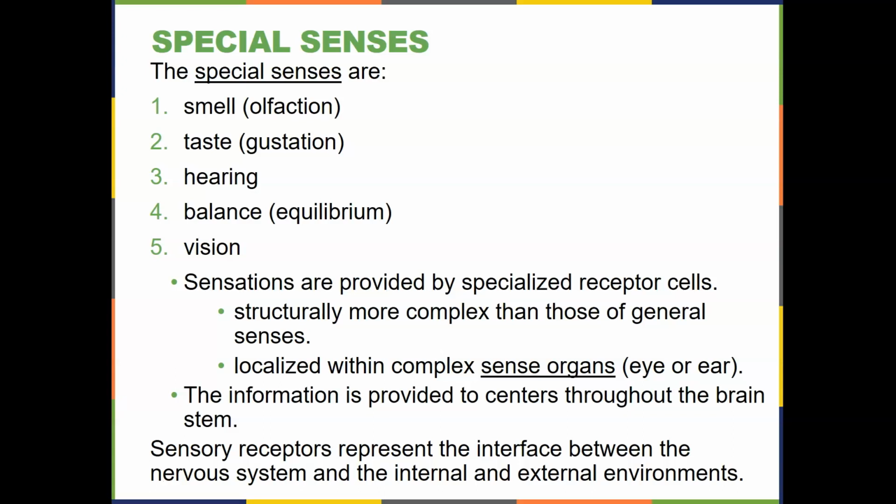They also give us an idea about what's happening in terms of daytime and nighttime, so that we can pursue activities, or we can go to sleep to allow our body to heal and rest and prepare for the next day. Sensory receptors are basically the interface between our central nervous system and the external environment. Also the internal environment, depending on if you're focusing on, let's say, blood glucose levels.